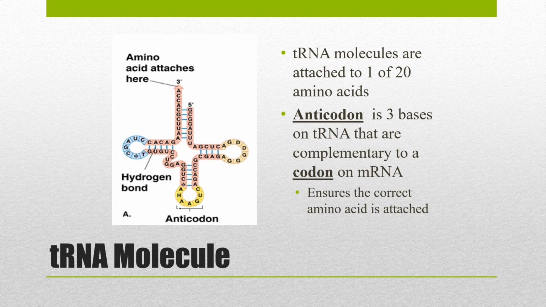So, what is that complementary called? It's called an anticodon. So it's a molecule that is specific to that codon, those three bases at a time, in order to drop off the amino acid. If it has that matching anticodon, then the amino acid is going to be dropped off.